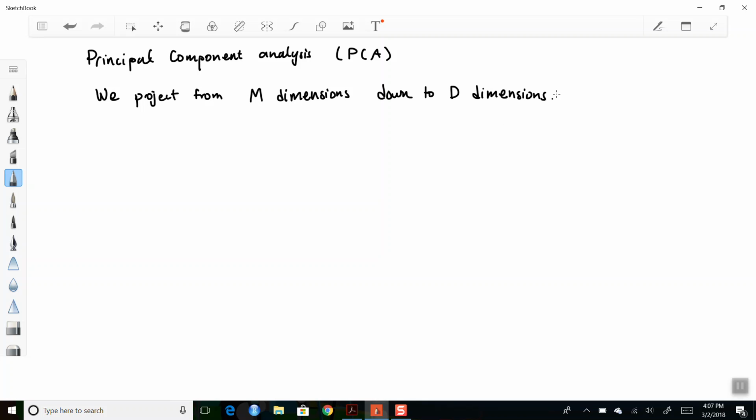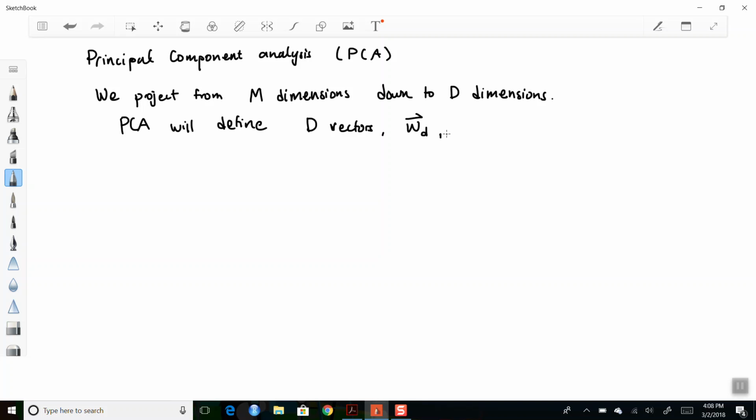And so what PCA does, PCA will define d vectors, okay? So we're projecting down to d dimensions, and those vectors, w sub 1 to w sub d, we're going from the first to the dth vector.